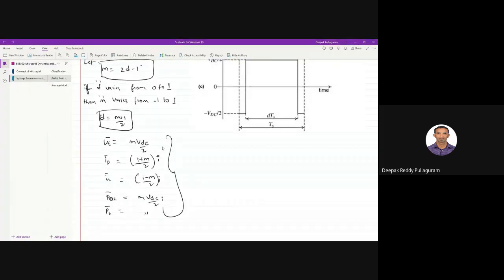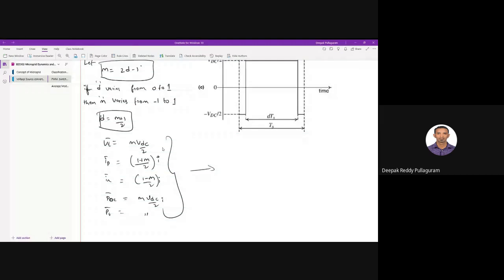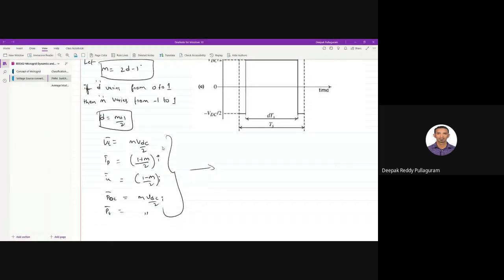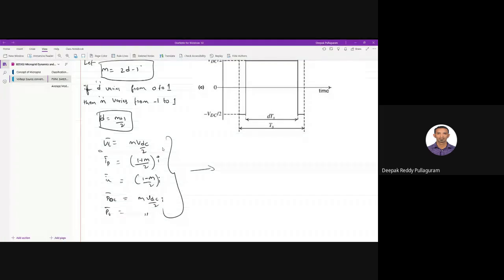This is your generic formula. And the same is also valid for three phase. When you do your problem, by varying the magnitude of the modulation index, I can control my terminal voltage. If VDC is constant, by varying the modulation index, I can simply get my terminal voltage.